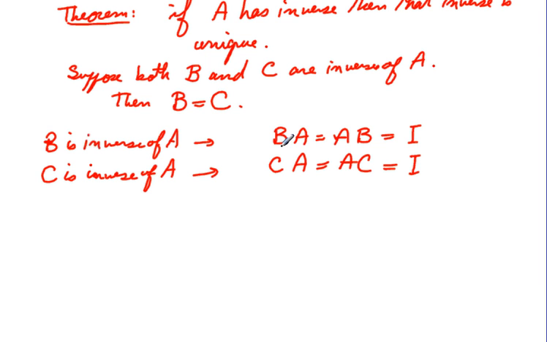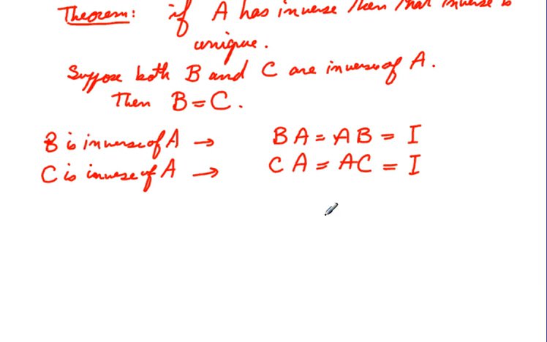So one guy found B, one guy found C. Without going into the detail of what these two people have done, assuming that they did every arithmetic right, we want to show that B and C got to be the same.